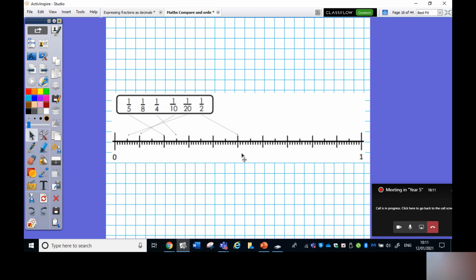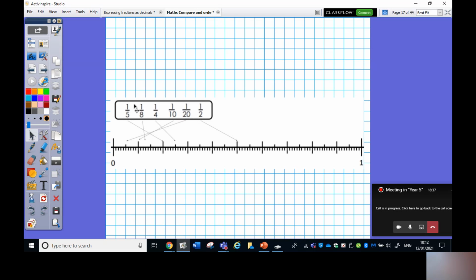Good. So it goes here. How many tenths would that be? Shout it out. Yes, 5 tenths. How many hundredths? Brilliant. Yeah, 50 hundredths. And what about 20ths? Yes, good. 10 20ths. Well done. Now I'm going to come back to my 8th.